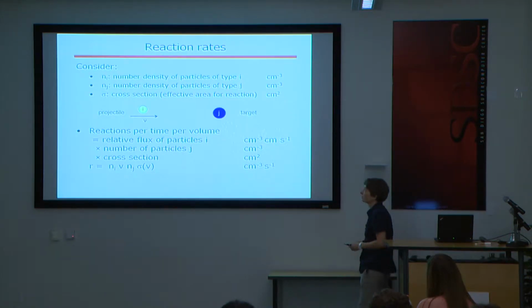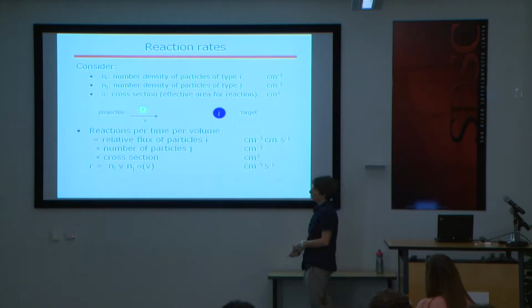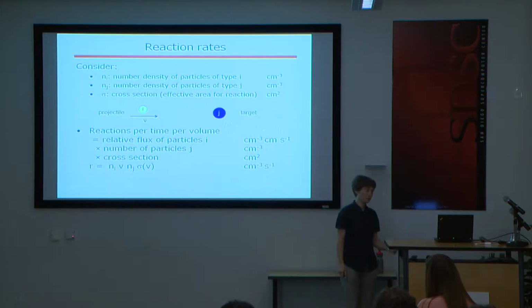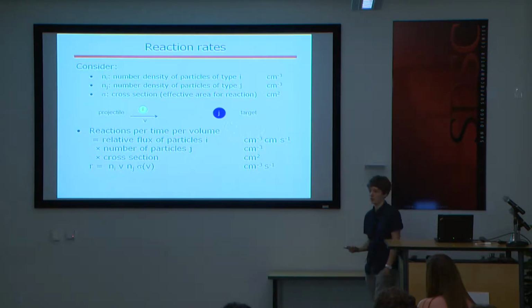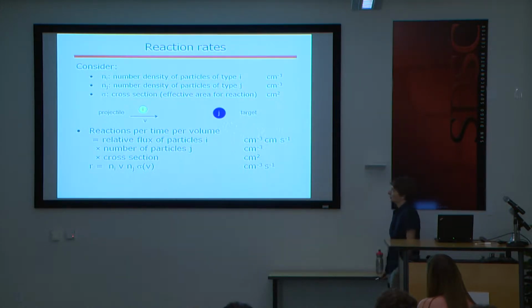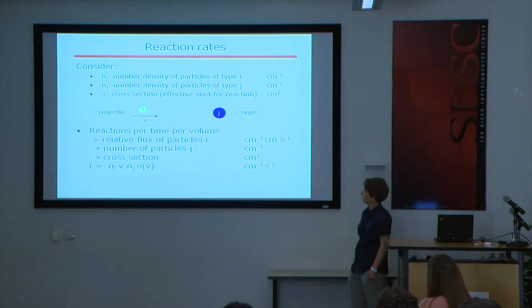All right. What I'm going to do in the next couple of slides is walk you through how we build the differential equations that are solved in a nuclear reaction network, differential equations that you have to numerically solve if you're simulating nucleosynthesis. Let me start with two particles of type I and J, their number densities Ni and Nj, and a cross-section between the two.